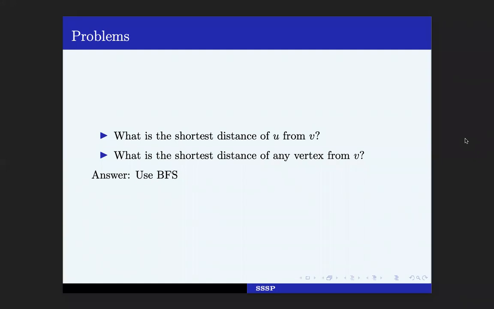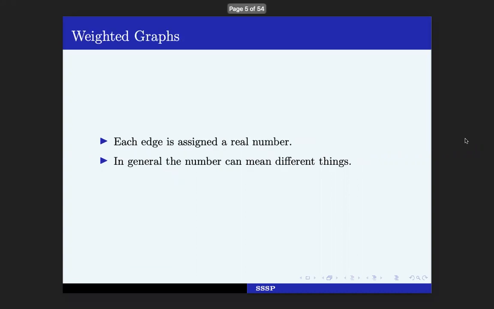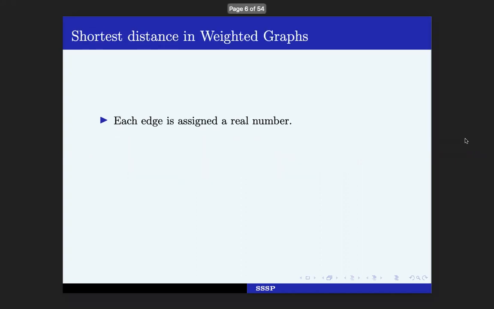Now, this is something that we discussed in the beginning, that if the graph is unweighted, then you can do a BFS and you're done. But when you have a weighted graph, then we have to think about something else.